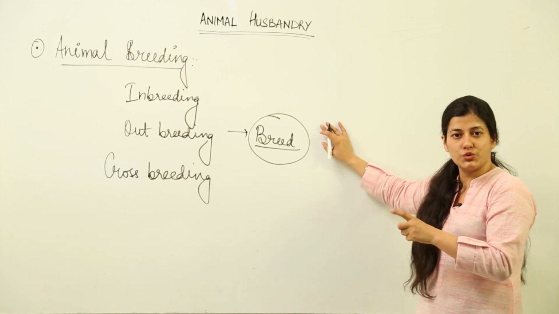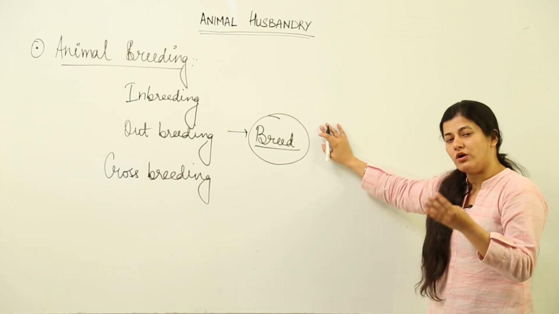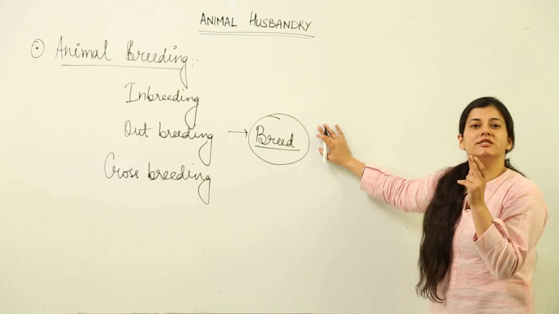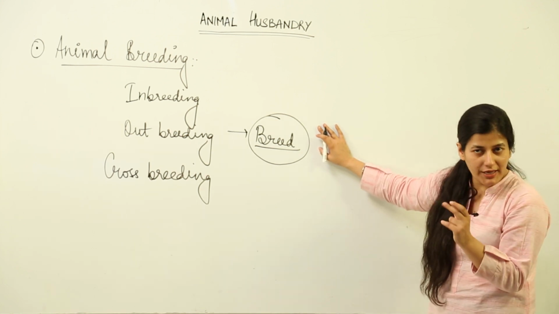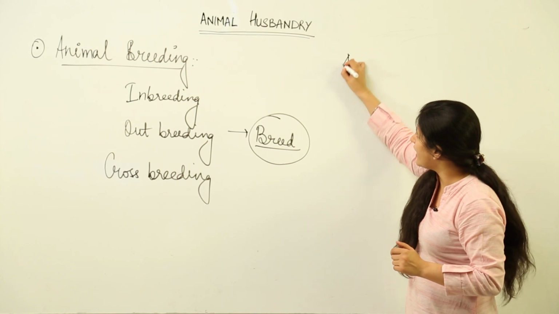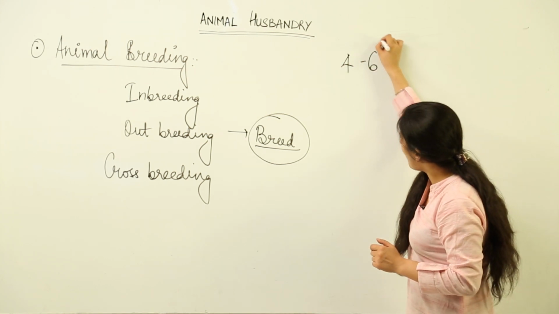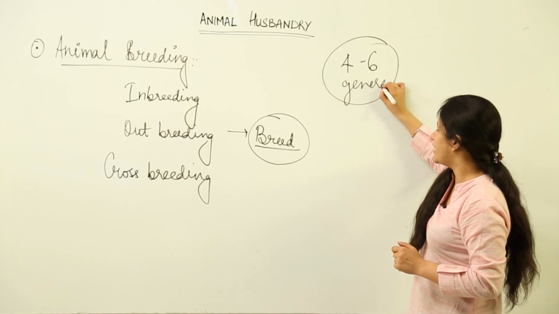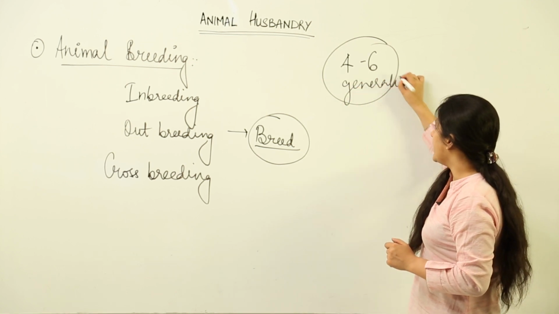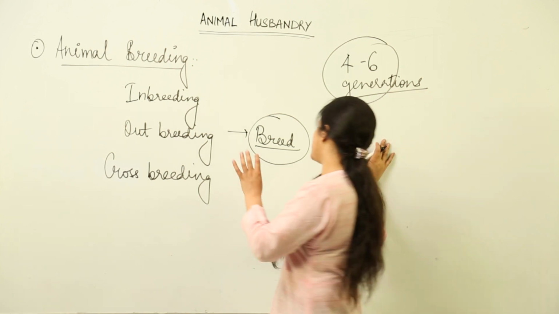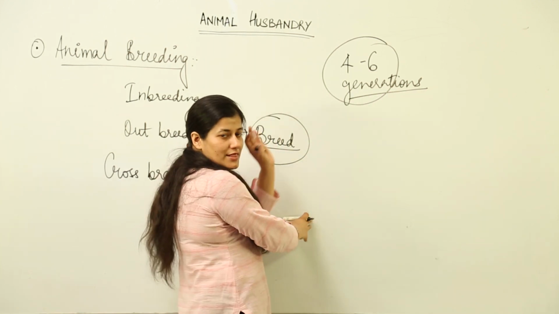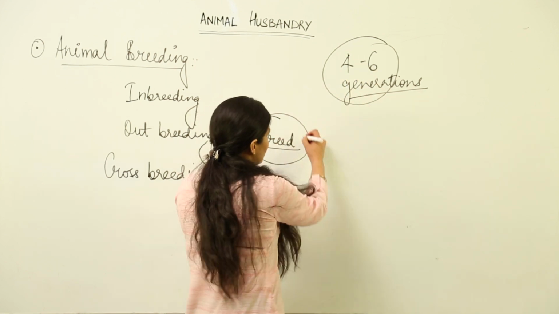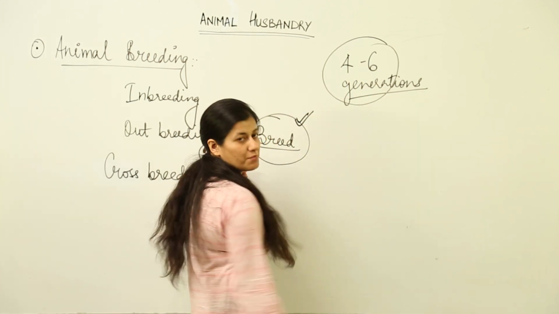All the animals belong to a similar breed if they have common ancestors from 4 to 6 generations. If the animals under consideration have common ancestors between 4 to 6 generations, then they belong to the same breed.